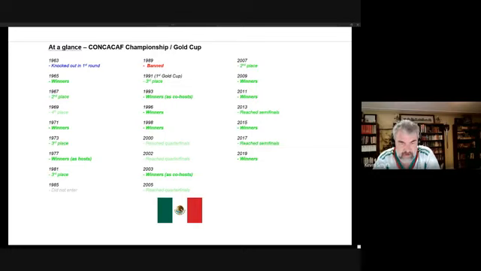The regional tournament began inauspiciously, with Mexico getting knocked out at the group stage. Despite beating Jamaica 8-0, they went on to tie Costa Rica and lost to, get this, Connor, Netherlands Antilles, now Curacao.